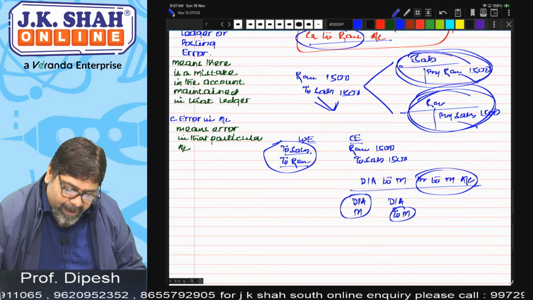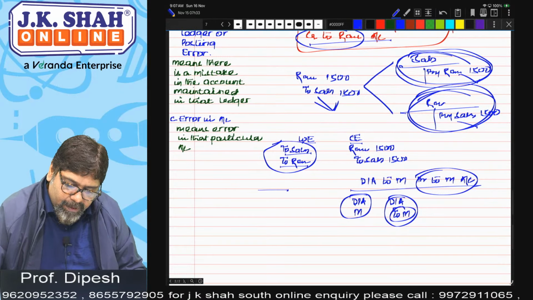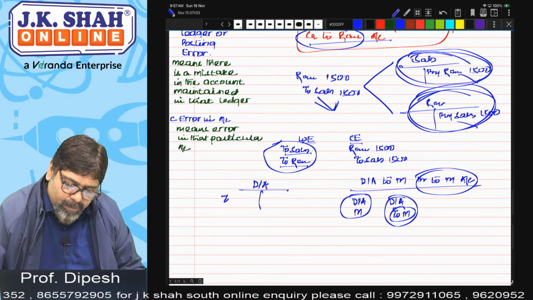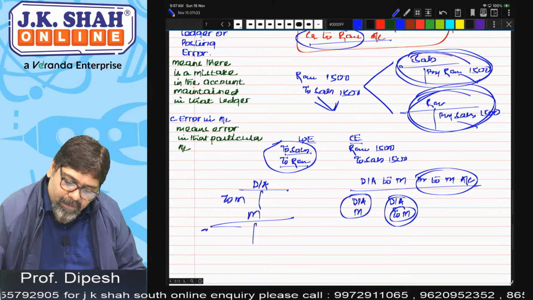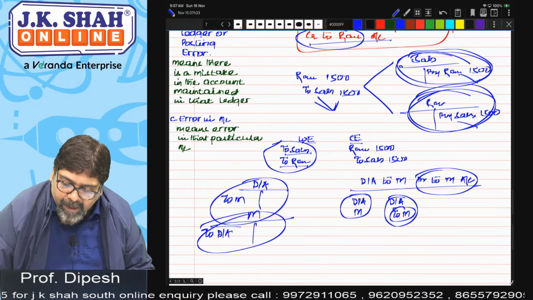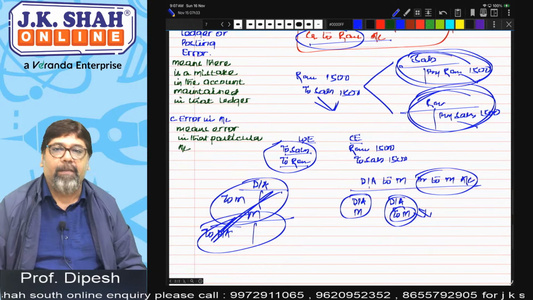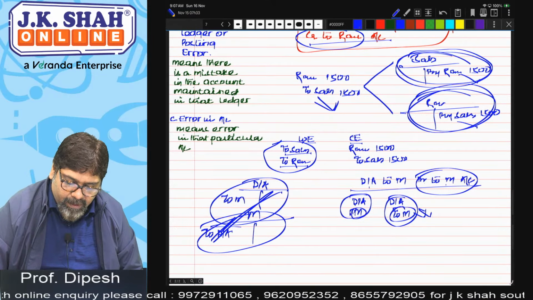But in reality, what happened? The journal entry of discount allowed to Mohan is what? Discount allowed to Mohan. In discount allowed he wrote to Mohan. But Mohan, he should have written by discount allowed. No, over there also he wrote to discount. So both are debited. But we cannot think like this. You will always say discount allowed to Mohan. Debited to Mohan's account means that instead of crediting Mohan, they have debited.